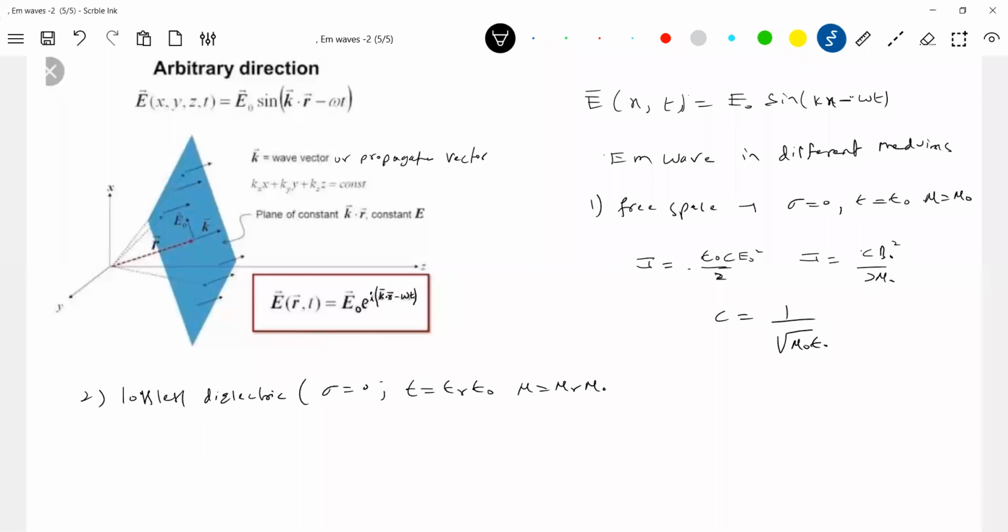And we'll put a condition as it is lossless: omega into sigma will be very much less than this particular thing. What will the intensity expression be? It will become epsilon naught epsilon r C E naught square by 2.